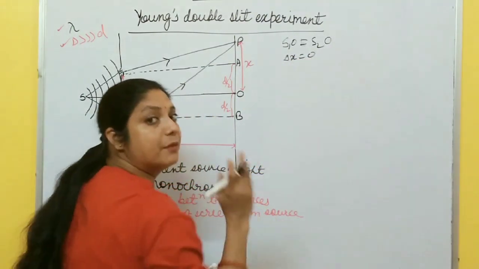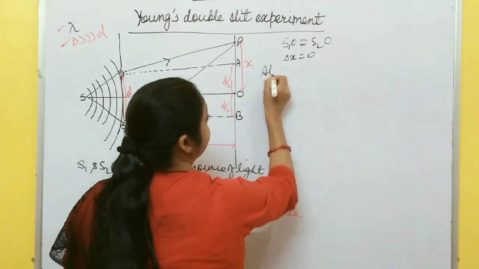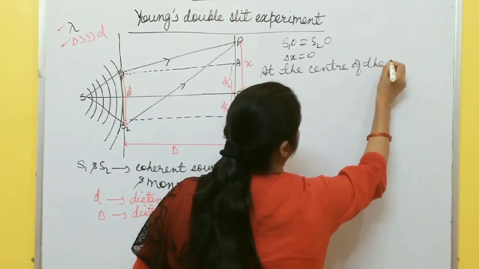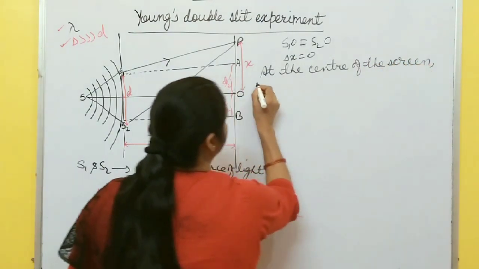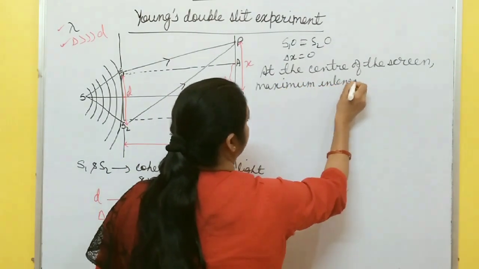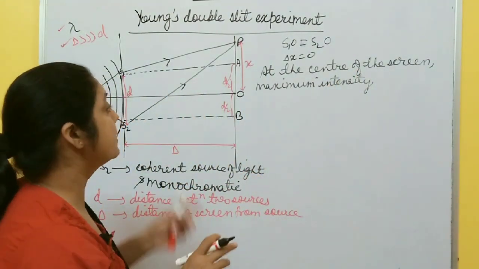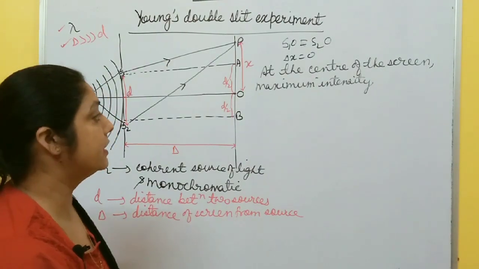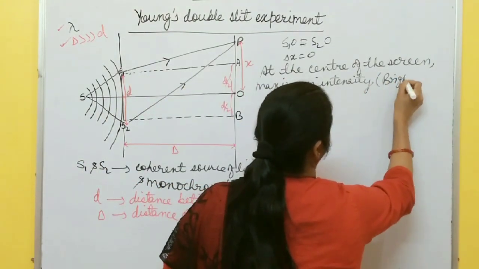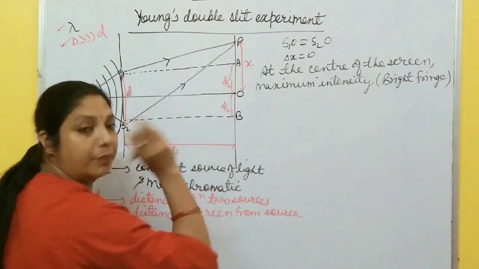Path difference 0 means at the center of the screen there is maximum intensity. We already derived that one. Maximum intensity means bright fringe, so a bright fringe is formed at the center of the screen. So at point O, a bright fringe is there.